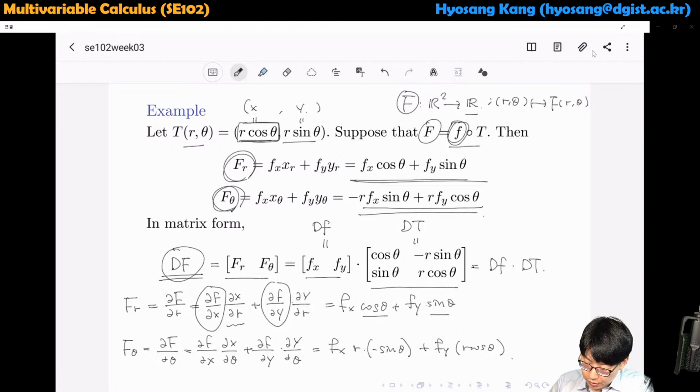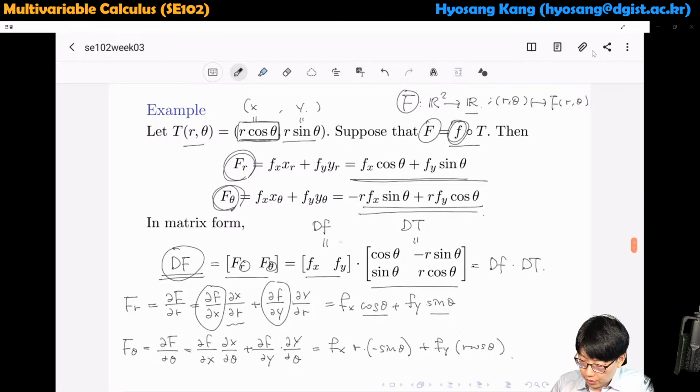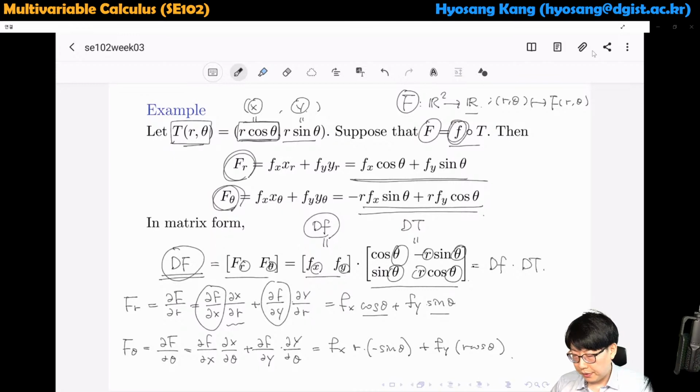When you compute dT, you have to plug in the values of r and theta, but when you plug in numbers in df, you have to plug in numbers for x, y, which corresponds to the value of T, which means that you have to plug in the values of x, y obtained by computing T(r, theta). Okay. This part you can just simply plug in theta and r, all expressed in r and theta.